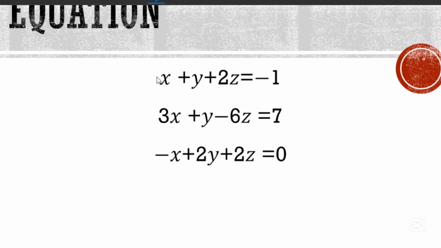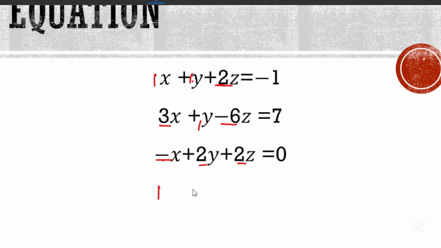So, the coefficient of x is 1, the coefficient of y is also 1, and the coefficient of z is 2. And here the coefficients of x is 3, y is 1, z is negative 6, x is negative 1, y is 2, and then z is 2.